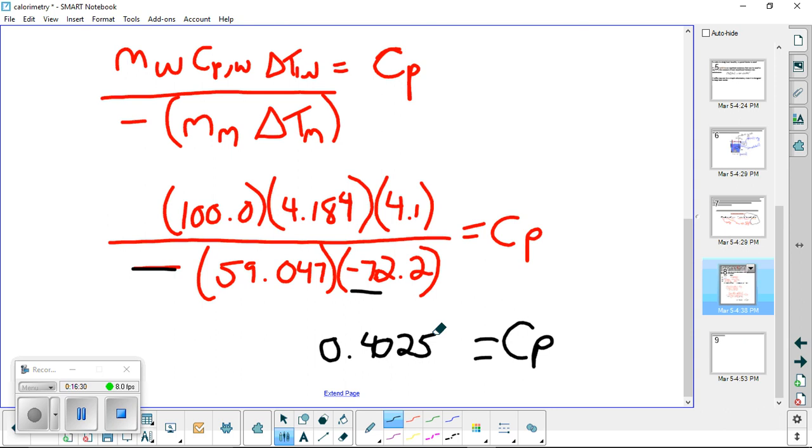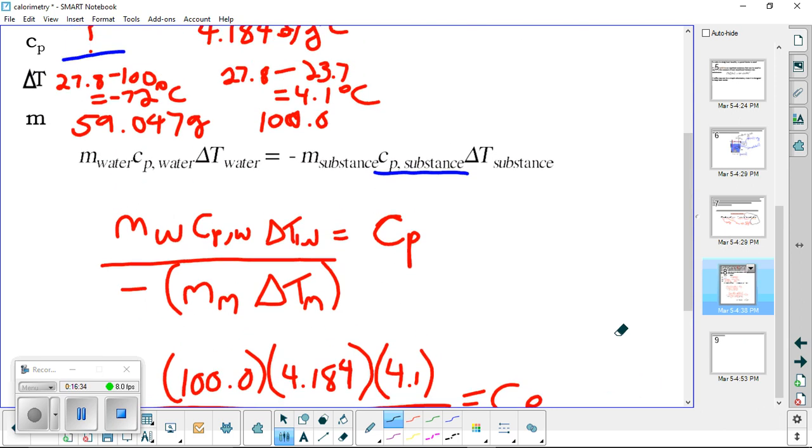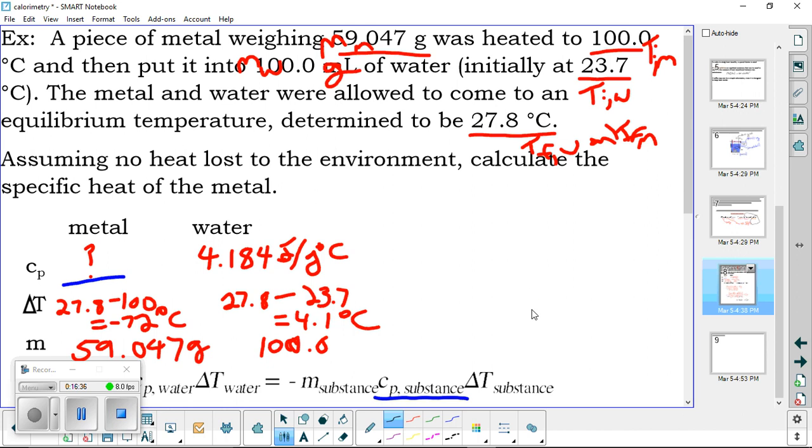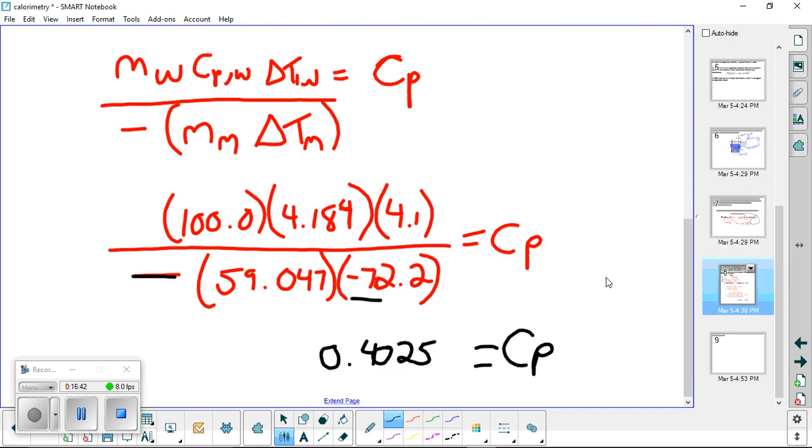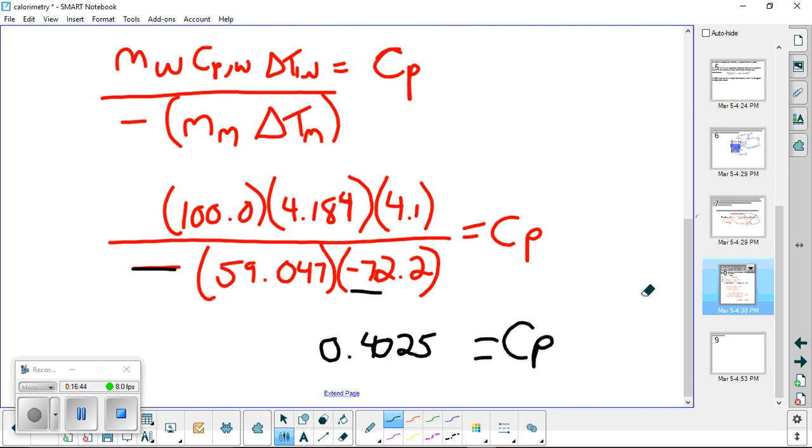If I need to find my significant figures, I'm going to scroll back up here. Of all my measurements, my lowest number of sig figs is with the temperature change of 4.1, so I'm going to call this 0.40 joules per gram degrees Celsius.